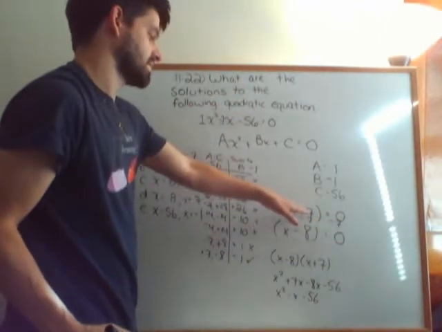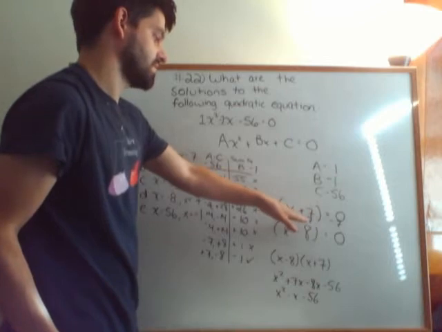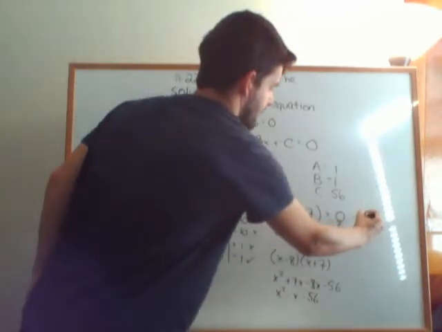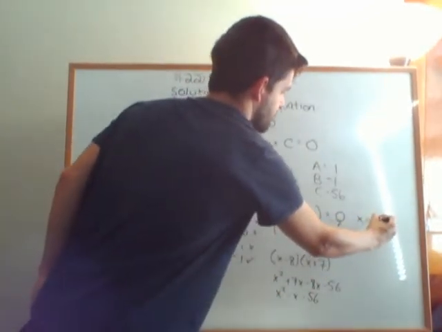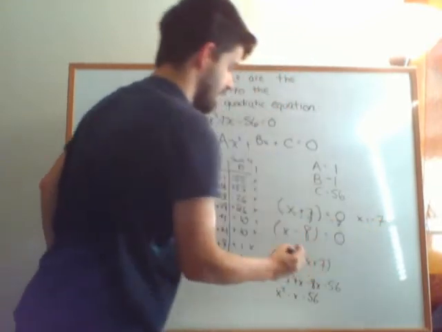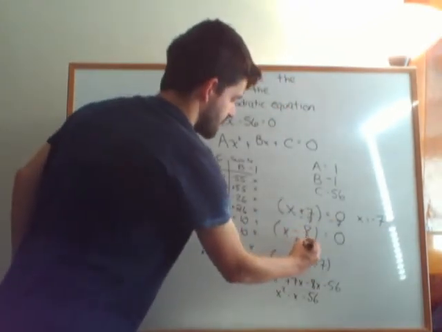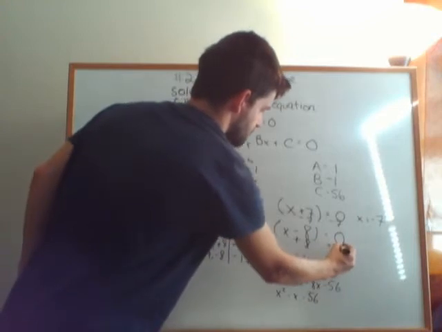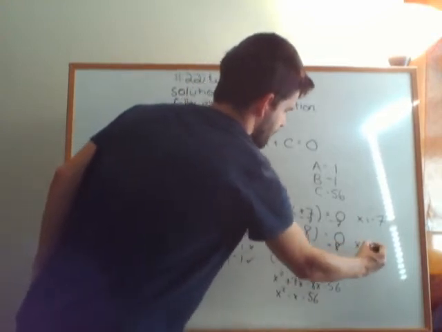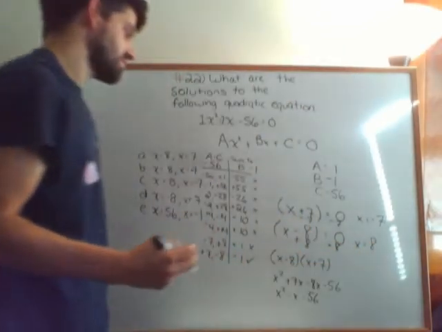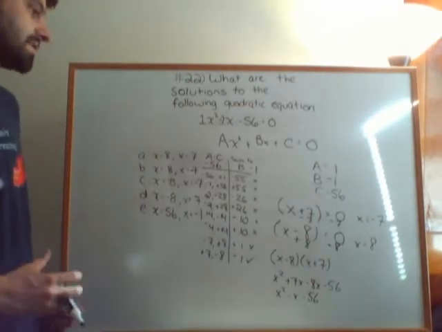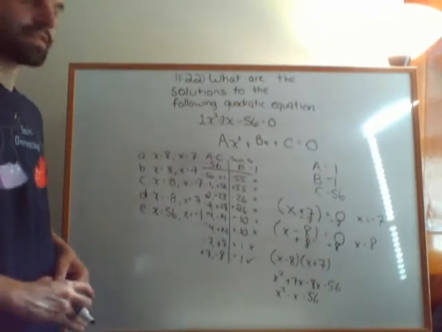We're going to have positive 7 added, so we're going to do the inverse and subtract 7, and x is going to be equal to negative 7. And then x minus 8, we're going to add 8 to both sides, and we'll get x is equal to positive 8. So again, our roots are going to be x equals 8 and x equals negative 7.